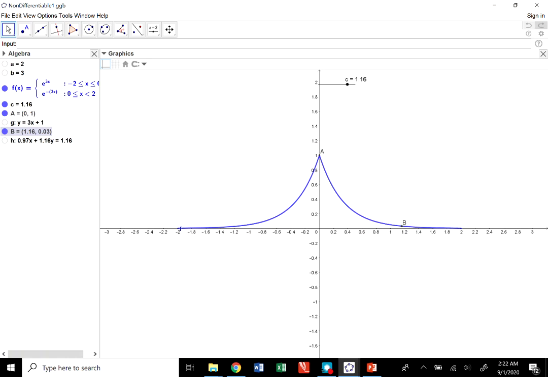I should pick a point to the right of it first and draw a secant line passing through those 2 points, right? And then what should I do? I should try to bring this point B closer and closer, and each time I need to be drawing the secant lines. But GeoGebra, this software, makes life easy in that regard, so all I need to do is just change the value.